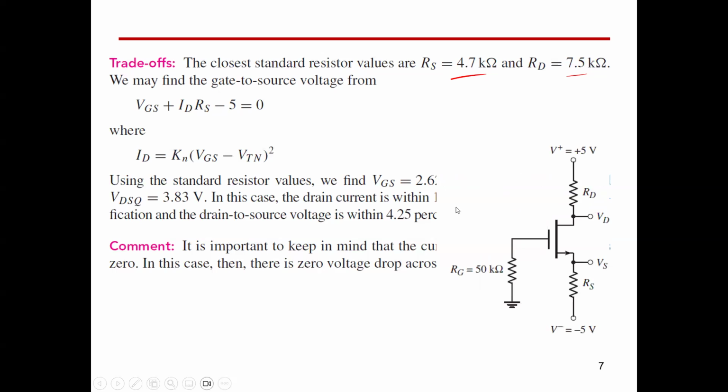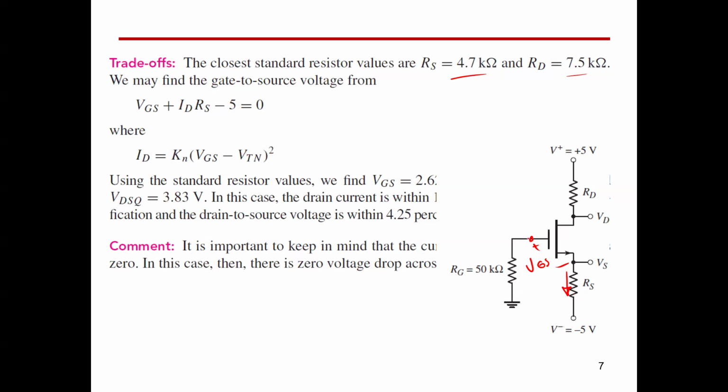So here we have VGS, which is this volt here, plus ID times RS plus this volt here, minus 5 equals 0.